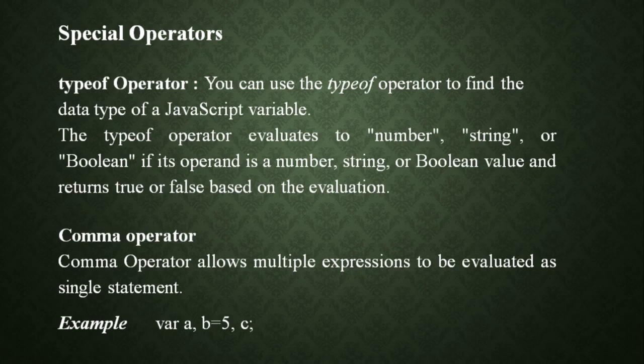And the comma operator allows multiple expressions to be evaluated as a single one. If I want to initialize or else assign two values, then I can use a comma, where A comma B. Similarly, I can use 3 variables, 4 variables as we wish.